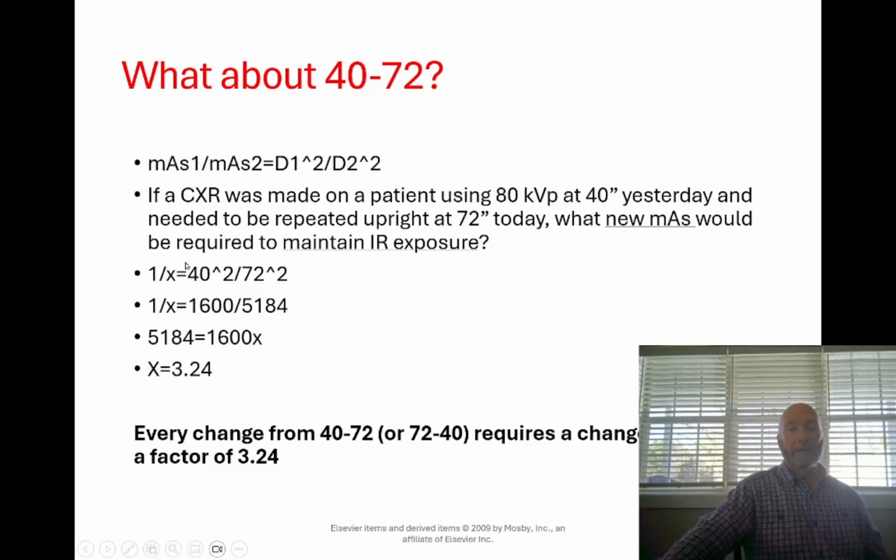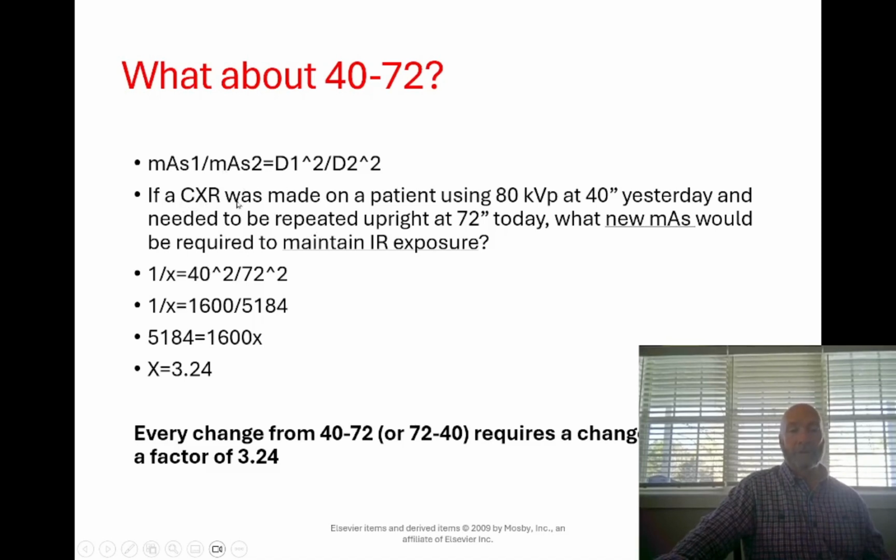Okay, well, again, it's still a law, okay? And so I'm only gonna work one of these because they work exactly the same. It's just in the reverse order, so I'm gonna work the direct square law as it applies to changes from 40 to 72 inches. That's what this was.